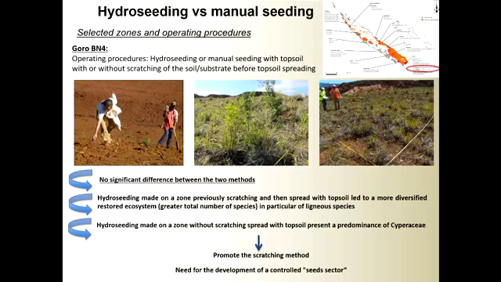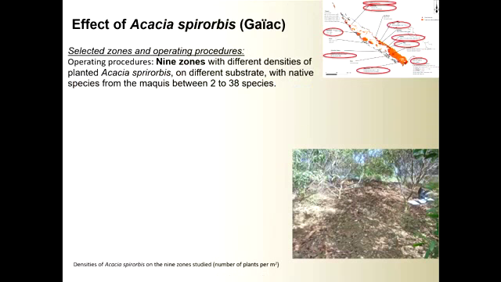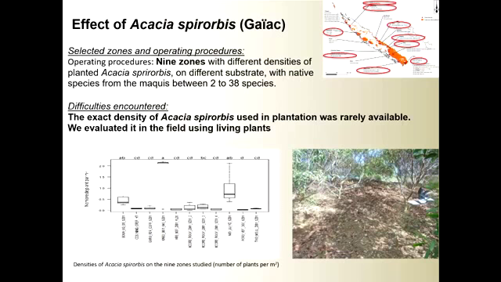Finally, the last important analysis concerned the case of Acacia spirorbis, a species that was and still is largely used in revegetation programs in New Caledonia, but appears to be gregarious. So we studied 9 zones with different densities of planted acacia on different substrates with other native species, between 2 and 38 species.